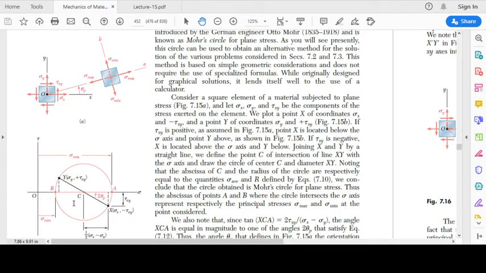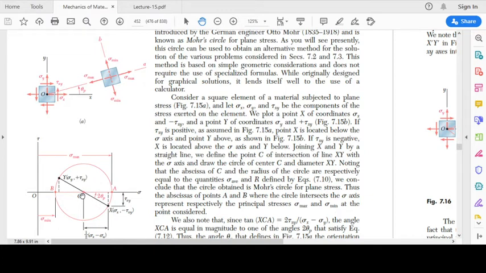So this is going to be equal to sigma x plus sigma y divided by 2. So now this point is going to be the center, so keeping this point C as the center, we can just draw this circle through points x and y.